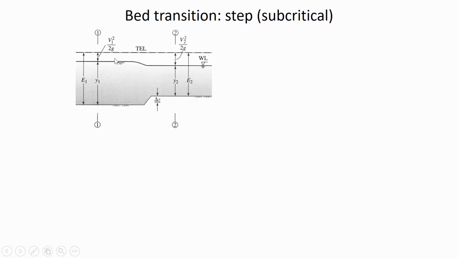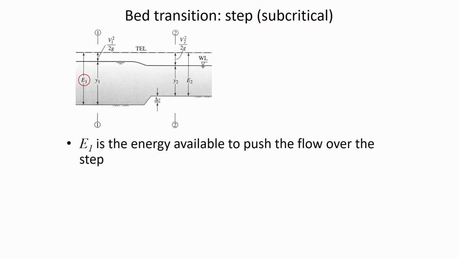And what they're saying is that from location 1, which is upstream, to location 2, downstream, the amount of total energy doesn't change, even if the specific energy is changing. So you can think of the amount of energy at 1 as how much energy there is to push the water up over this obstacle. That step up is an obstacle, and E1 is the energy available to overcome it.